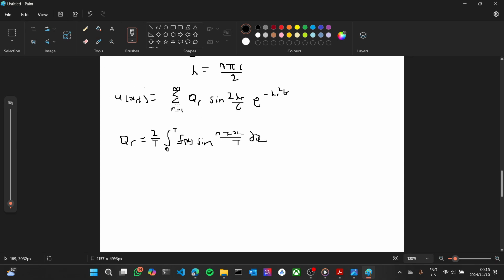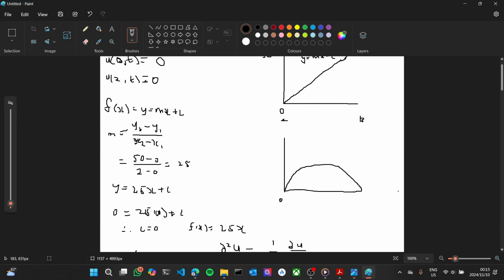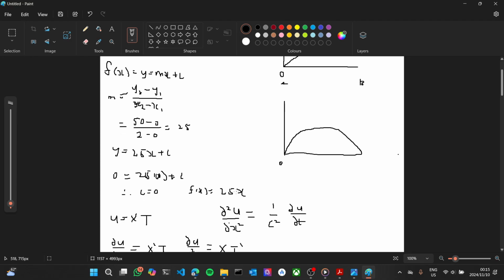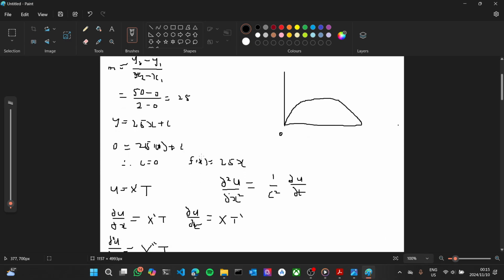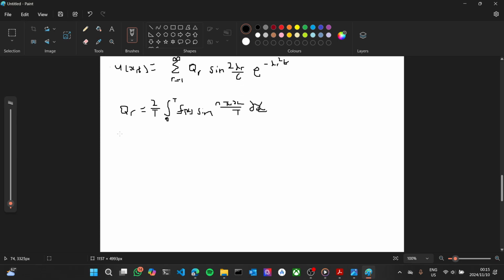Okay, so remember what f of x is, right? We got that up here. It's 25x. So now this is us using the initial condition to further refine our solution.